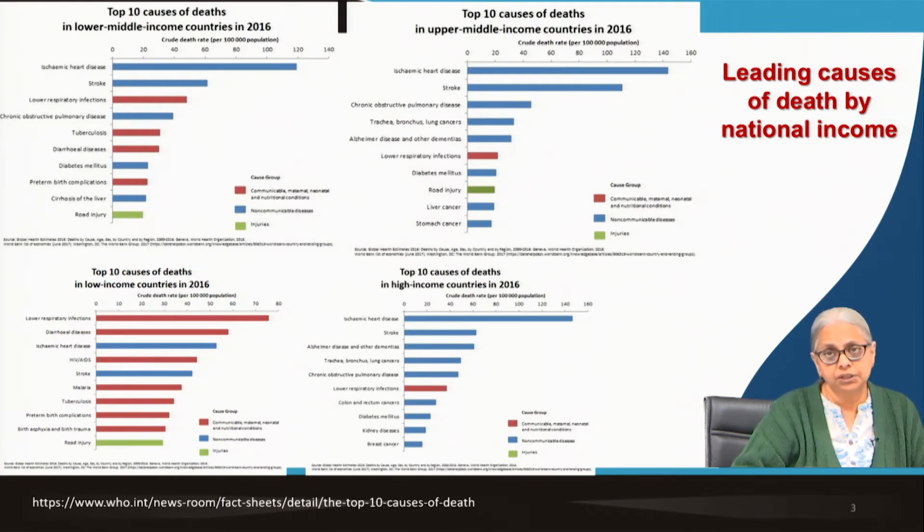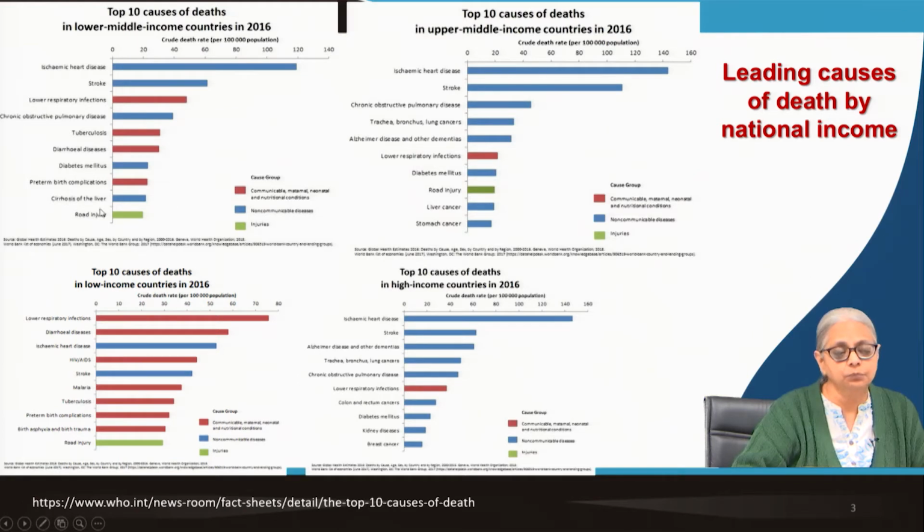Now most of us know that lower respiratory infections are related to either bacteria or virus, and diarrheal diseases, most of them are related again to bacterial or viral infections, and birth complications may or may not be related to microorganisms. Tuberculosis is again caused by a microorganism.